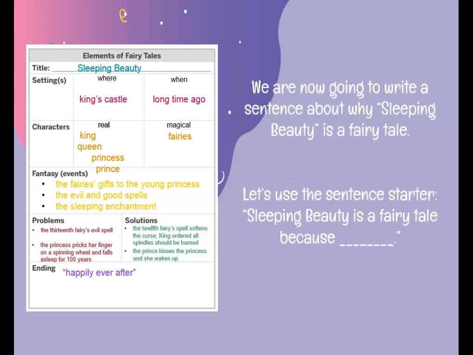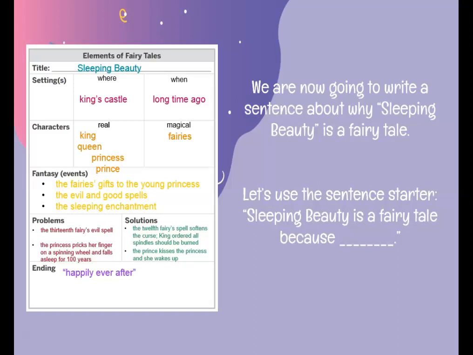We are now going to write a sentence about why Sleeping Beauty is a fairy tale. If you have a pencil and a piece of paper, take it out. If not, just follow along. Let's use the sentence starter. Sleeping Beauty is a fairy tale because. Think about several reasons why we could say Sleeping Beauty is a fairy tale.